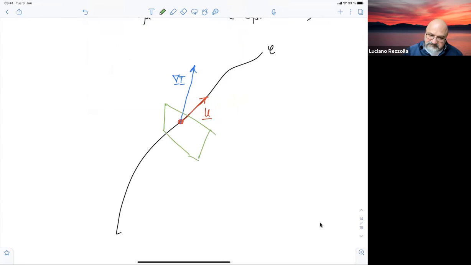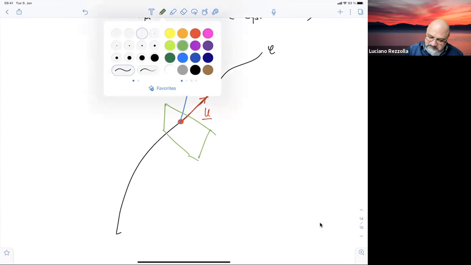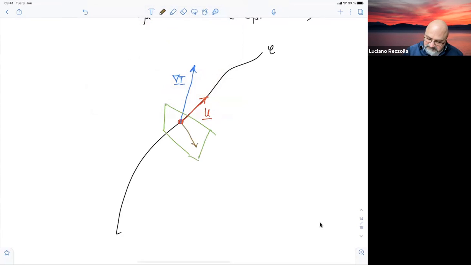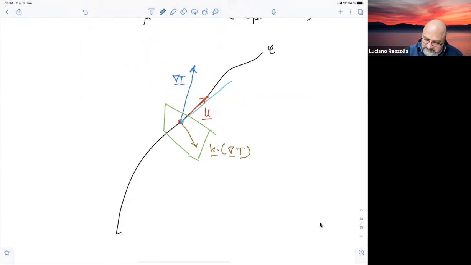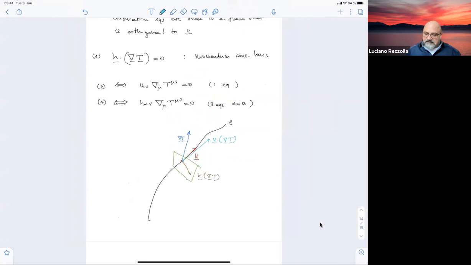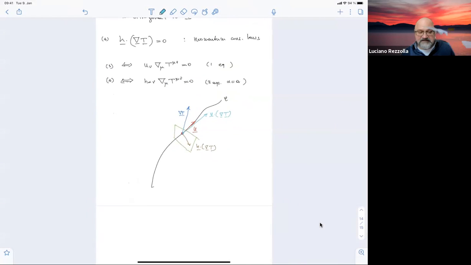And on this orthogonal surface, I can calculate, let me use a different color, this will be h∇T. And along this other direction, let me use another color, this would be u∇T, okay? I don't know if this helps you, but this is a geometric representation of those equations.